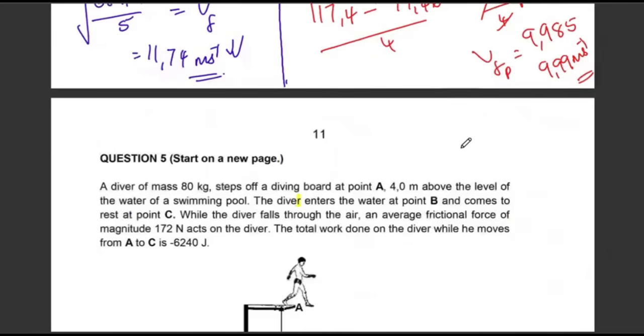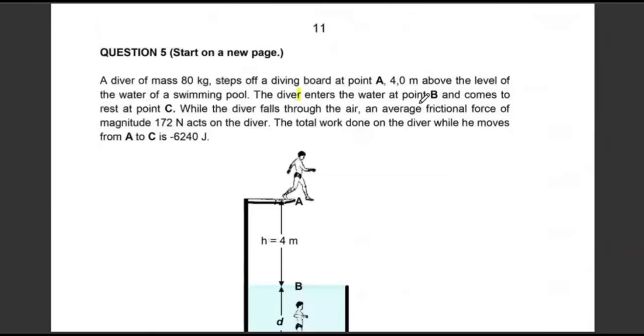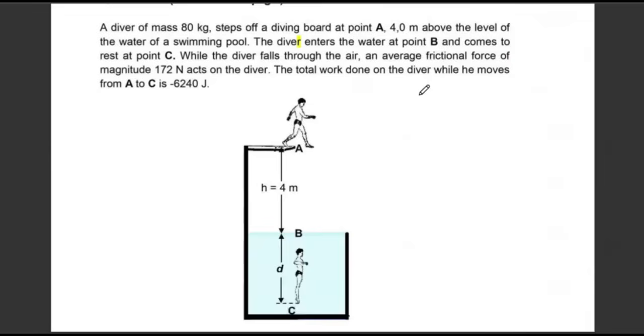Okay, then question number 5. They're telling us that a diver of mass 80 kgs steps off a diving board at point A, which is 4 meters above the level of the water of the swimming pool.